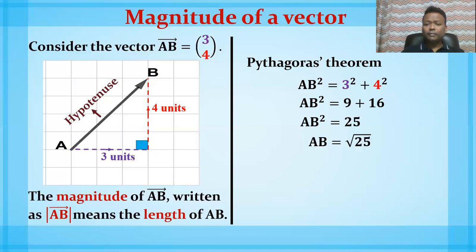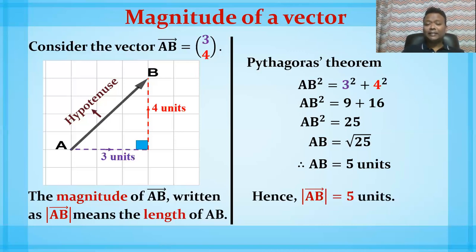So we have AB is equal to the square root of 25, instead of positive or negative square root of 25, as length cannot be negative. So therefore, AB is equal to 5 units. Hence, the magnitude of the vector AB is equal to 5 units.